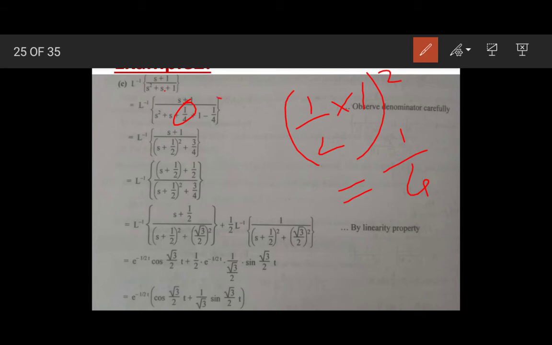So I am adding and subtracting 1 upon 4. Because of this, I am able to write the denominator in whole square form. Now the denominator will be (s plus 1 upon 2) the whole square plus (3 upon 4) the whole square.